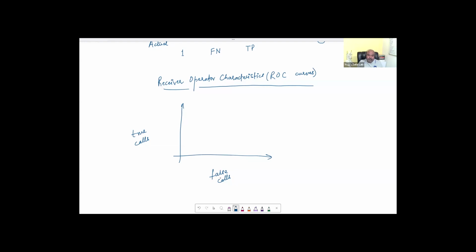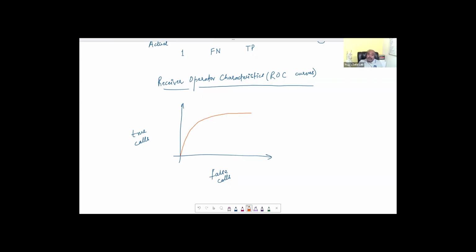False calls. When I talk about the true calls and false calls, the curve that we used to get is something like this. So what will anyone want? They will always want that the majority of the data should be with the true calls and very little data should be with the false calls.